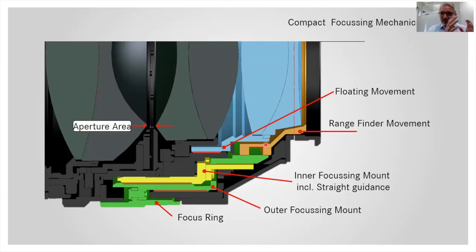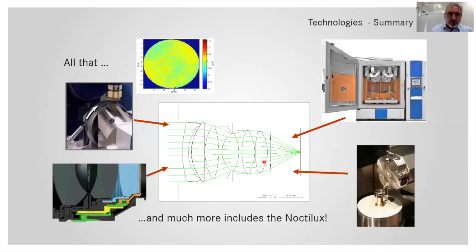Soft but no backlash, and this is very, very complicated and depends on the craftsmanship of our employees in the mechanical shop. And all these things we include in the Noctilux system.